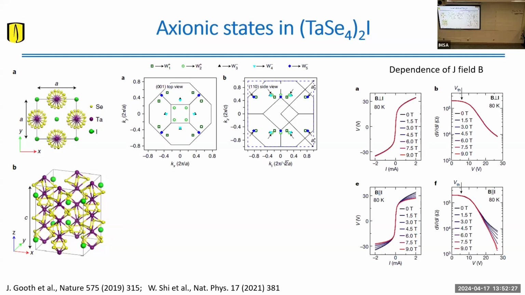And Claudia Felser's group measured conductance or IV curves that are characteristic of this chiral anomaly, meaning that when the magnetic field and the current or electric field in your system are parallel, you will have a maximum effect in the conductance in this system. So for different magnetic fields, you will have different effects for this compound. And as a function of angle, you can actually reproduce this E.B kind of term for the chiral anomaly.